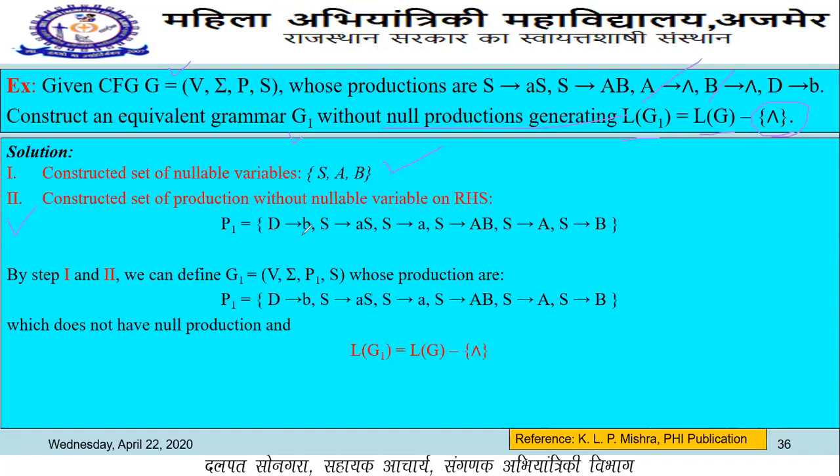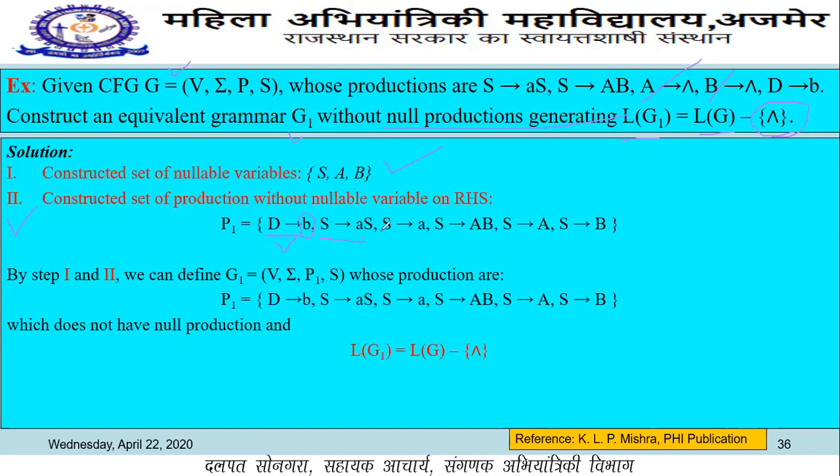in this production the right hand side has no nullable variable, so we include directly capital D tends to small b. And by this production we eliminate one S, because this is a nullable variable, so in the course of derivation it is replaced by null. Okay, so we eliminate all null productions, therefore this is also erased.